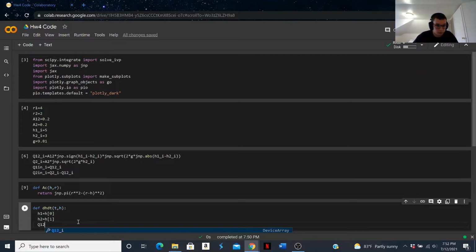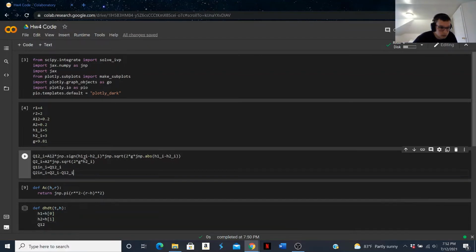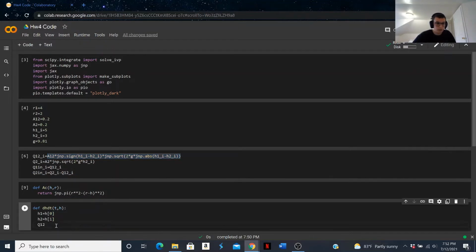Since I'm keeping my variables well named, in this case we can just cut off every initial value and change it to the value at a given time.